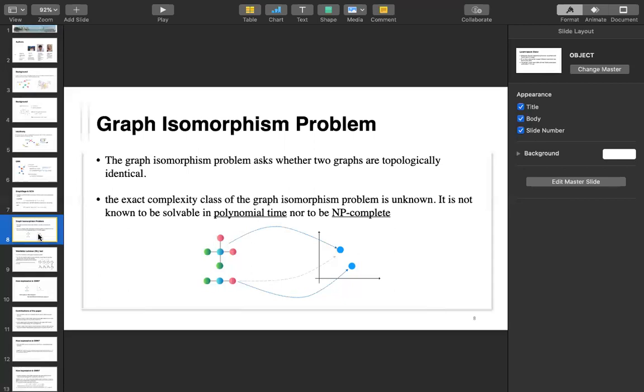If the graph neural network outputs the same representation for different graphs, then it is not expressive enough, not powerful enough. So we want to study the graph isomorphism problem to decide whether two graphs have the same structure.